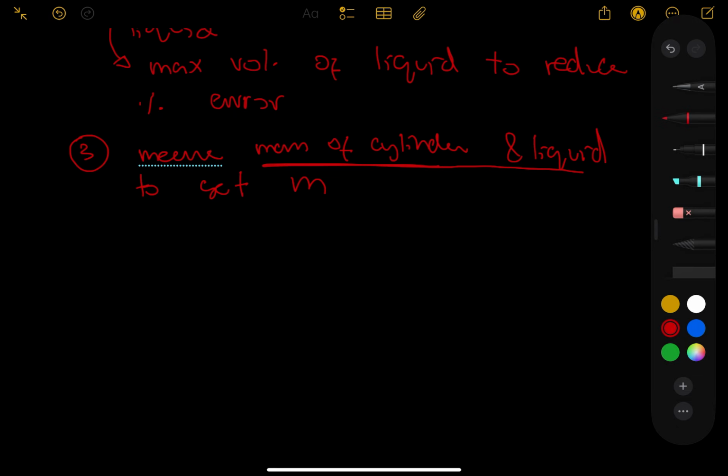Our third kind of measurement that we could be dealing with is an irregular solid. For this, I feel like it's a little bit more tricky. You measure the mass of your object.